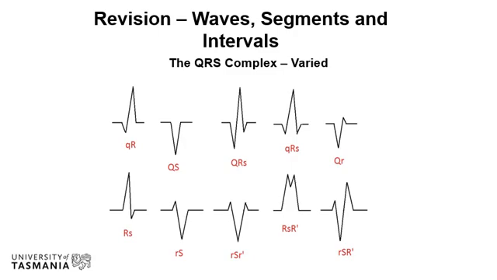If the first deflection is negative, it's called the Q wave. Any positive deflection is called an R wave. Any negative deflection following an R wave is called an S wave. And remember that there may be more than one R wave. If we have a look on screen, we can see some RSR patterns, and we'll discuss these later on when we look at conduction delays due to bundle branch blocks.